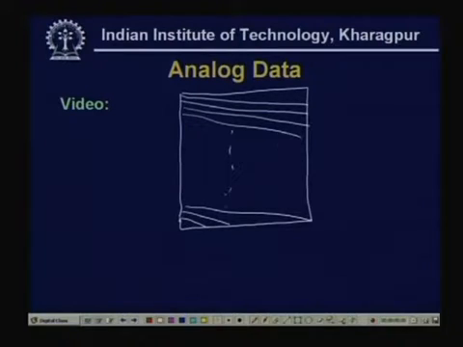And the number of lines is about 525 lines. Of course, all of them are not visible, of which 483 lines are visible, the other lines are blanked, and it is done in an interleaved manner.